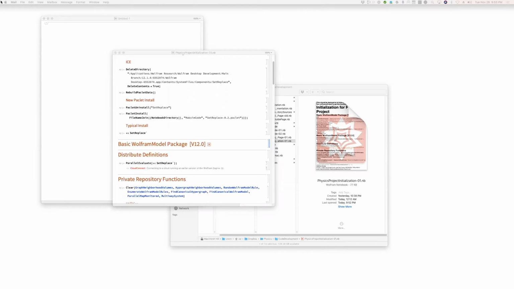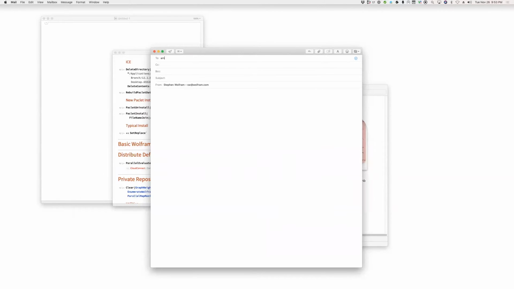Oh, wait, no, Wolfram Engine. I can also recompile it with the latest version, but I'm not sure how well it's going to work.